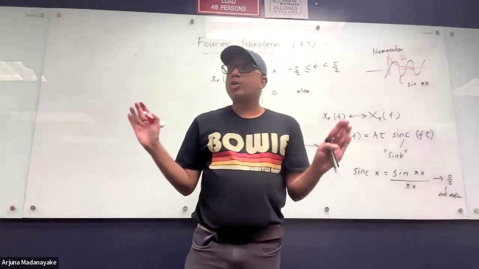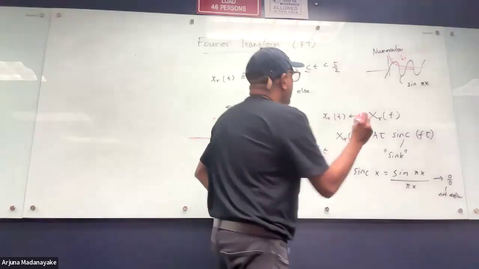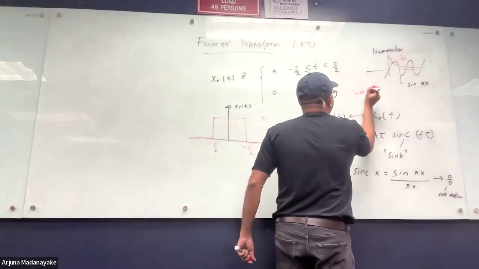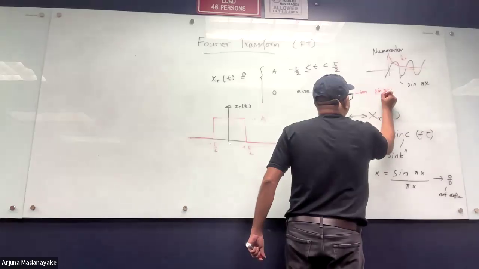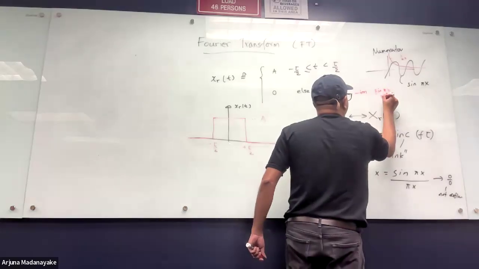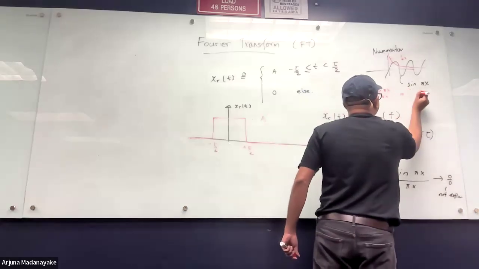So from basic calculus that you have taken elsewhere, we know that the limit of sine pi x over pi x as x tends to 0 is equal to 1.